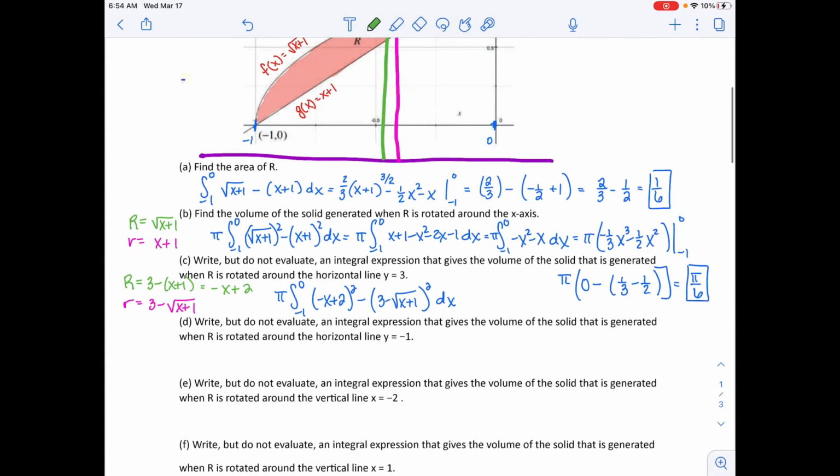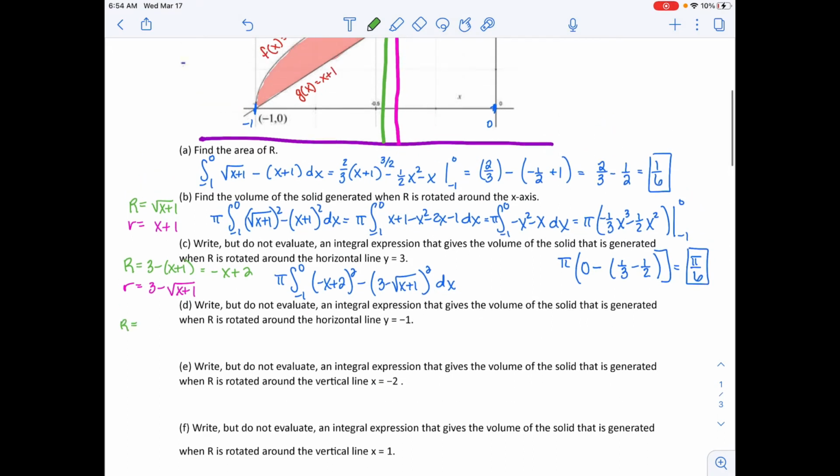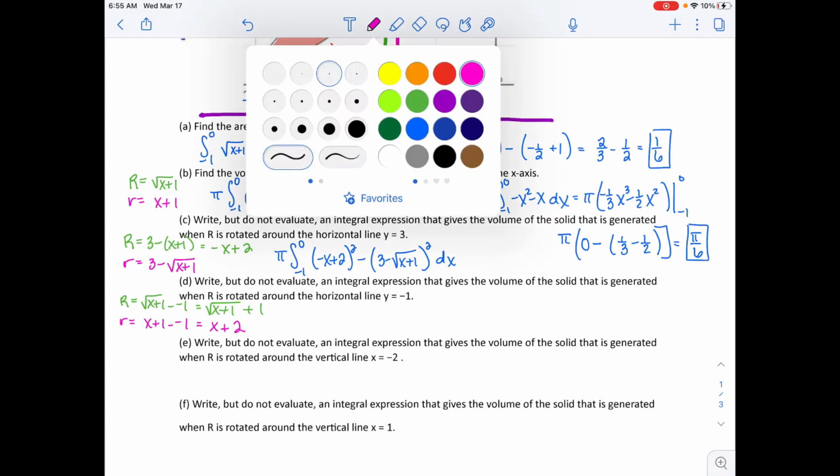And so big R is top minus bottom. That's going to be curve minus -1. So the curve is square root x plus 1 minus -1, or square root x plus 1 plus 1. And then little r is between the line is on top, so x plus 1 minus -1, or x plus 2.